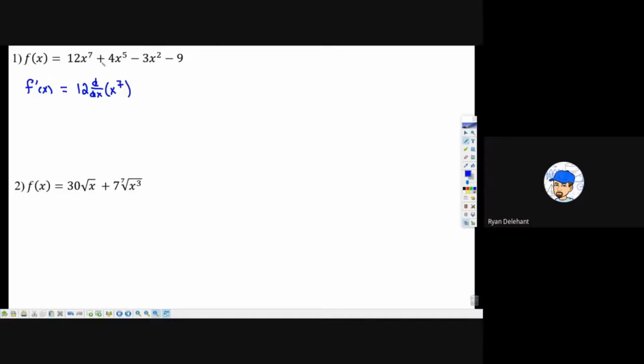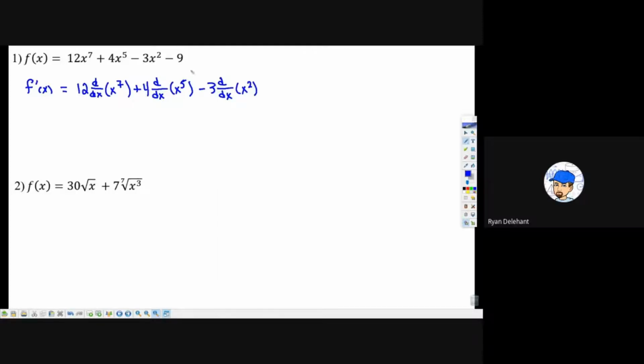Because these are being added, I can just take the derivative of this one and add them afterwards. So I'm going to pull the constant out in front of that one, take my derivative of x to the 5th, just the power function. I'm going to follow suit. Same thing with my next term, and same thing with the last one.